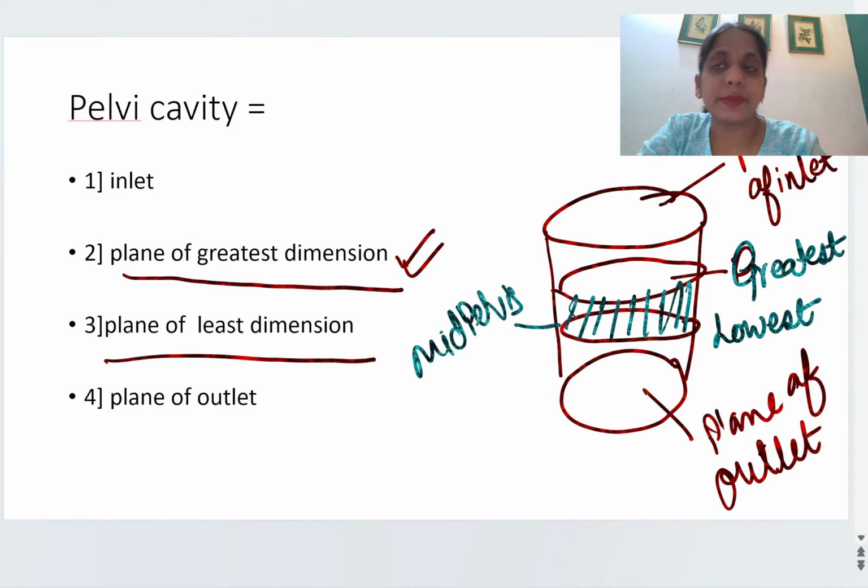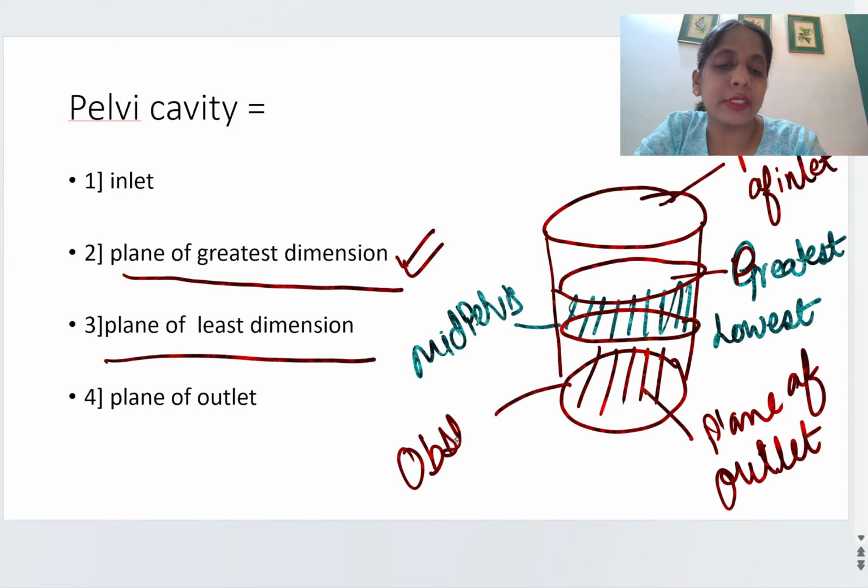And the space between the lowest dimension and the plane of the anatomical outlet, this cavity is known as the obstetric outlet.